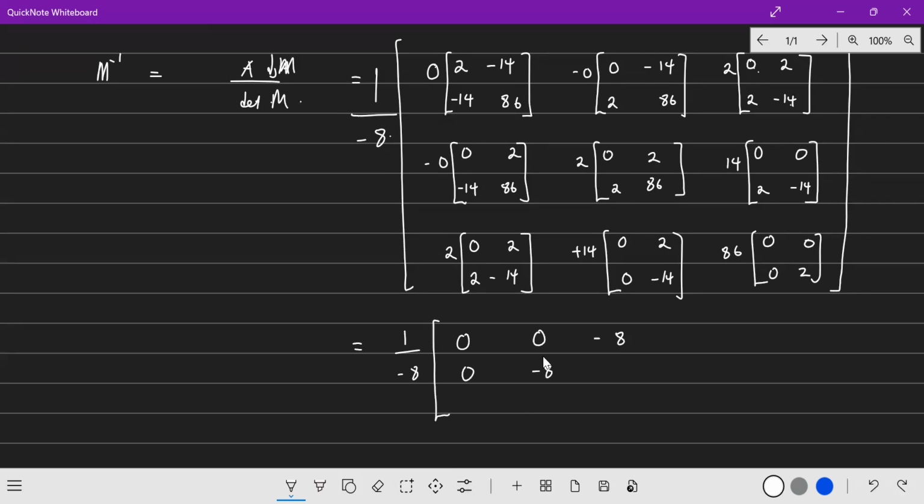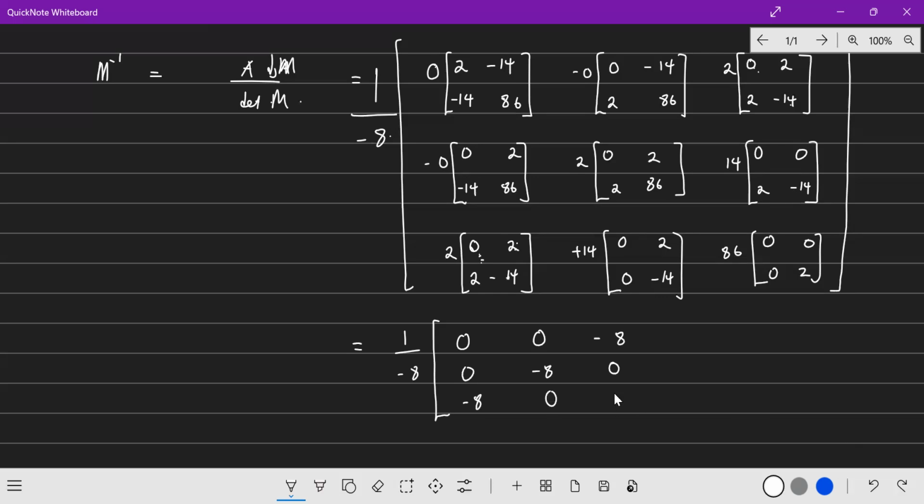Okay, and here you're going to avoid 0 because this is 0, this is 0, so over will be 0 there, right? Okay, and then you are here 0 by negative 14, that is 0, and then this will be 2 by 2, that is negative 4, and then by 2, that is negative 8. Okay, and then here again you have a 0, right?